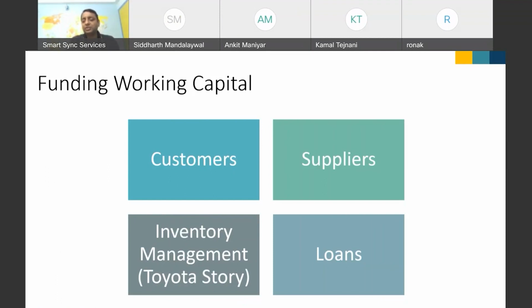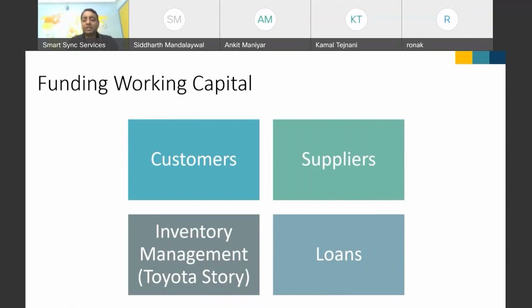And the last one, which is the only option when you don't get any funding through the first three, is loans. As we discussed in the previous chapter as well, loans or debt are not bad. It's just that as an entrepreneur or business owner, you must know your capacity to pay, and you should be conservative.